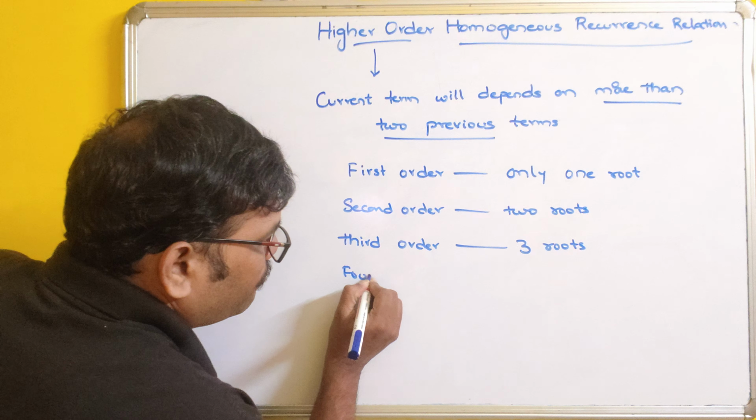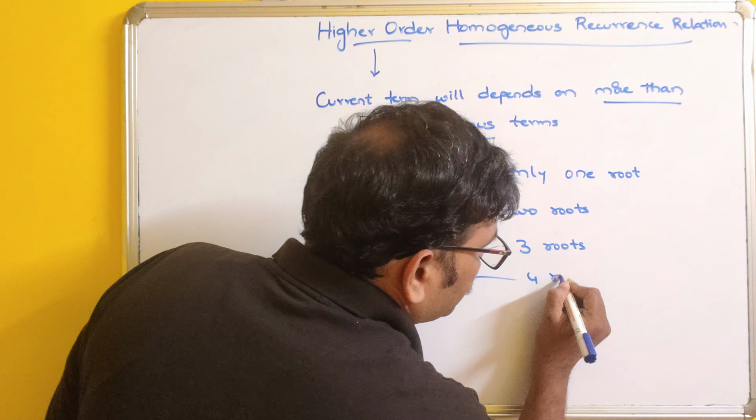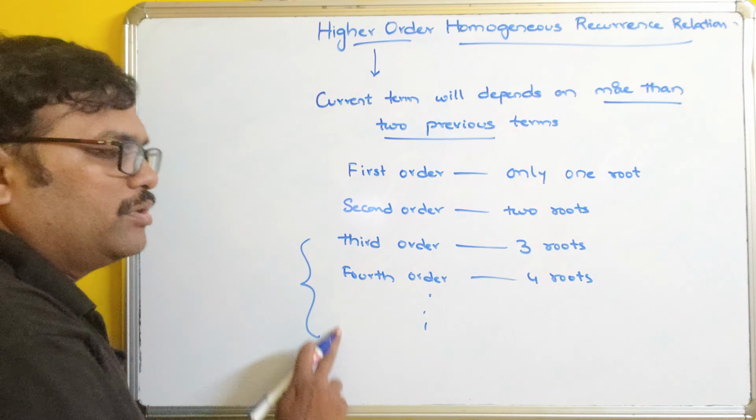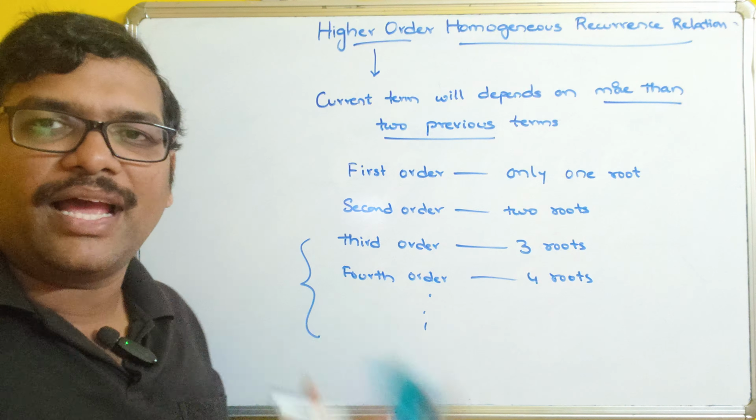If it is fourth order, four roots, and so on. So the higher order can be any one among these. The first order, second order, and anything beyond, we call the higher order.